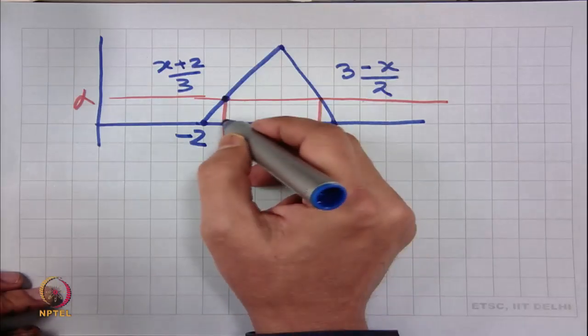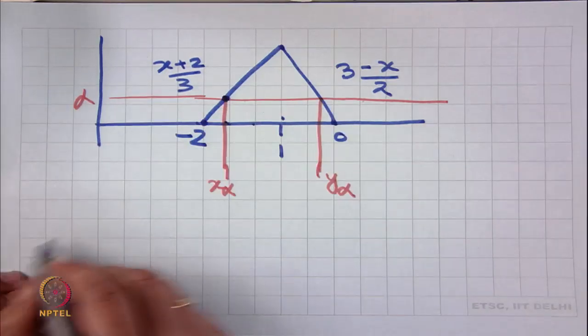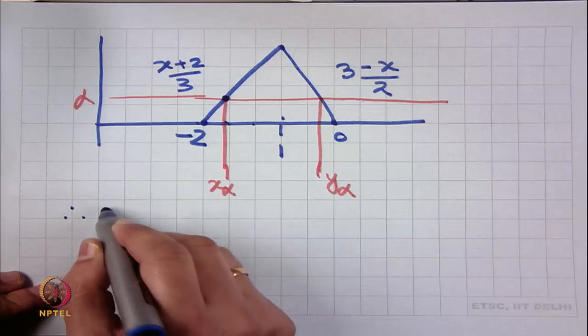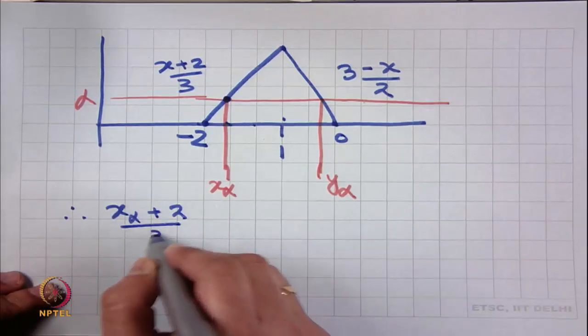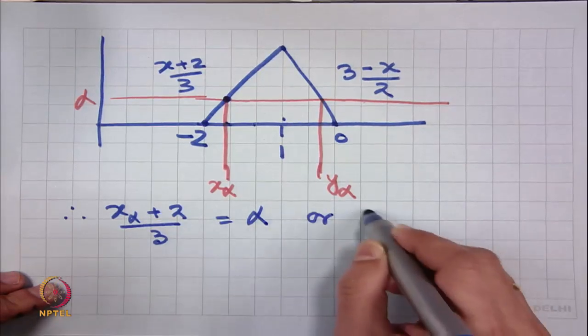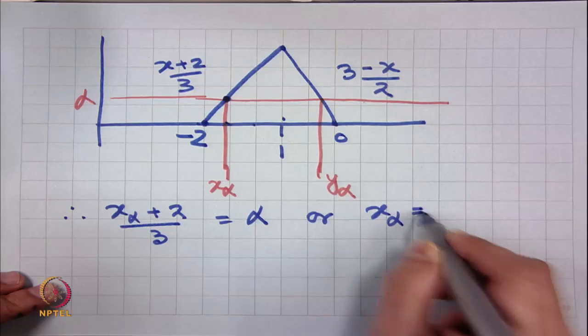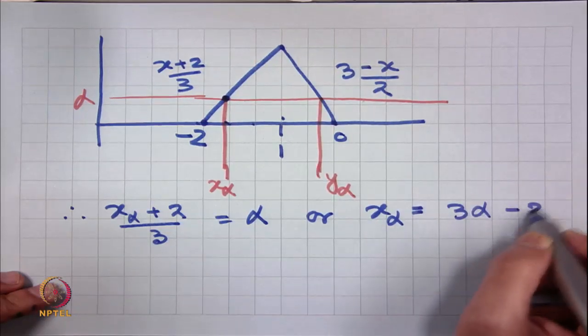At the point x alpha, the membership value is alpha. Therefore, (x alpha plus 2) upon 3 is equal to alpha, or x alpha is equal to 3 alpha minus 2.